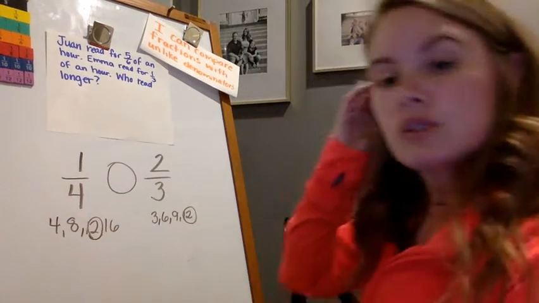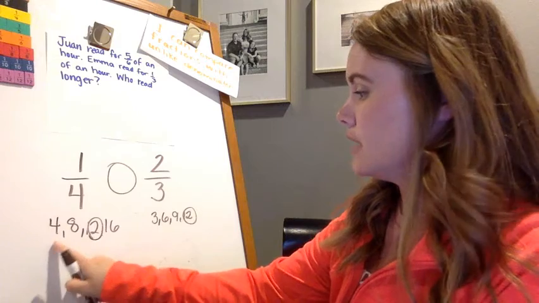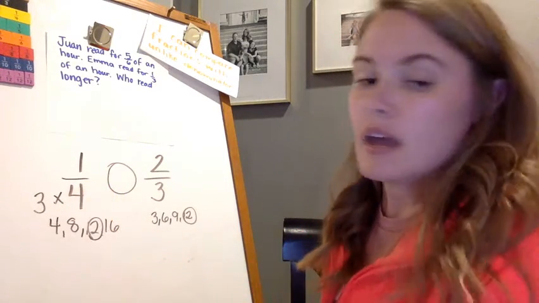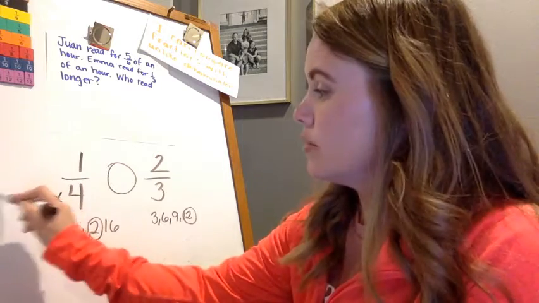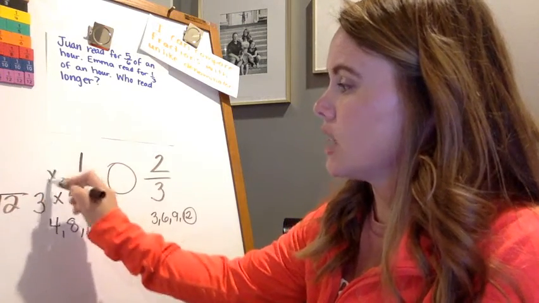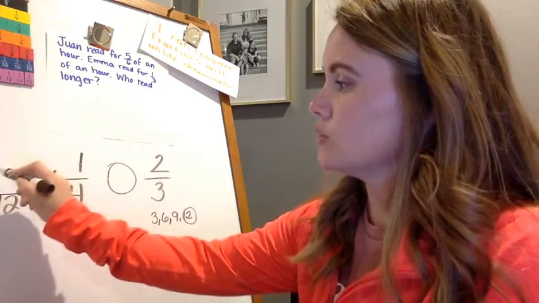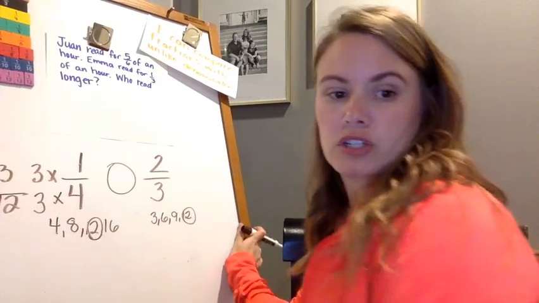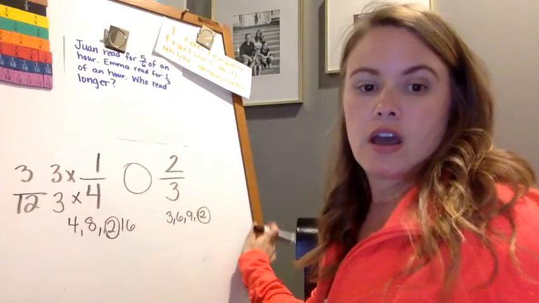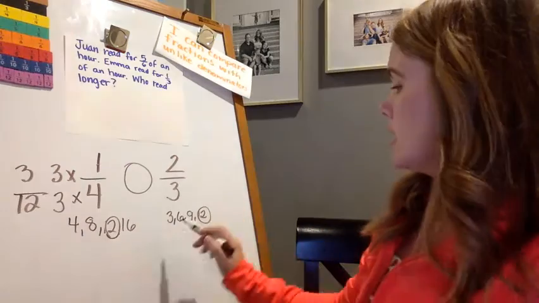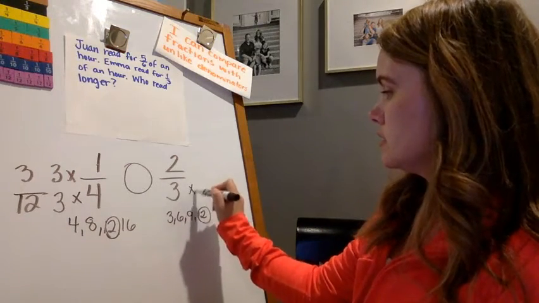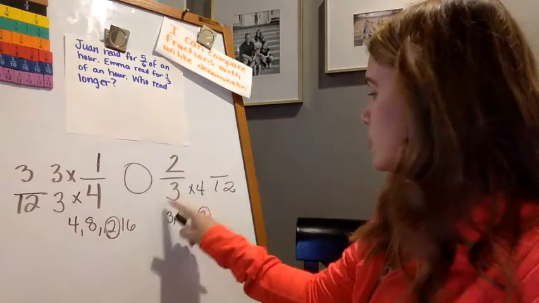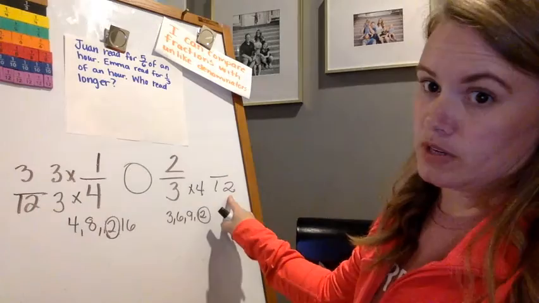Okay, so the smallest one I see on both lists is 12. So here, I did 4 times 3. And I know whatever I do to the bottom, I have to do to the top. So 1 times 3 is 3. So now I'm going to have 3/12 as my equivalent fraction. And then I come over here and it went into 4 times to give me that 12th denominator, like the equivalent fractions we did last video.